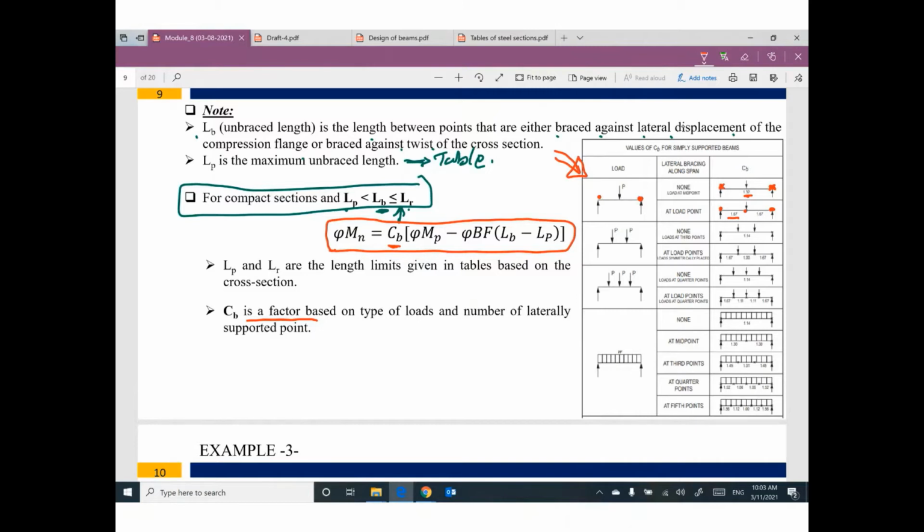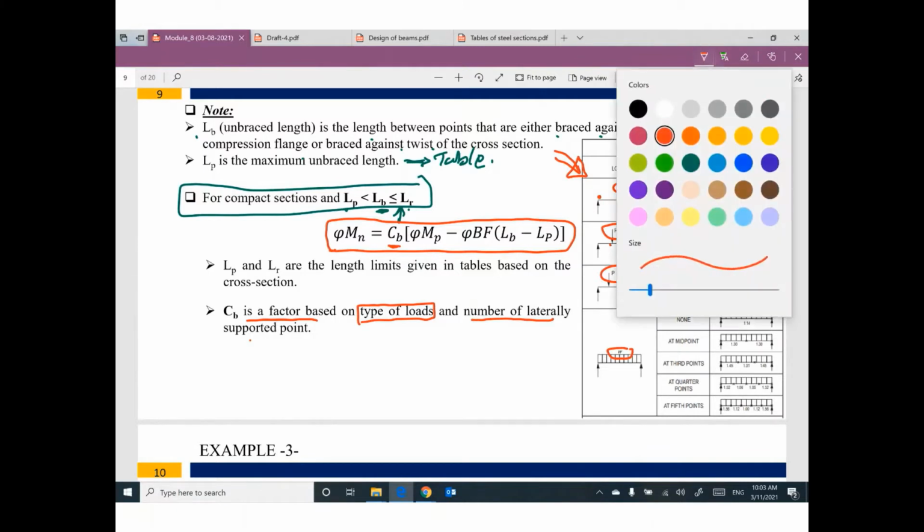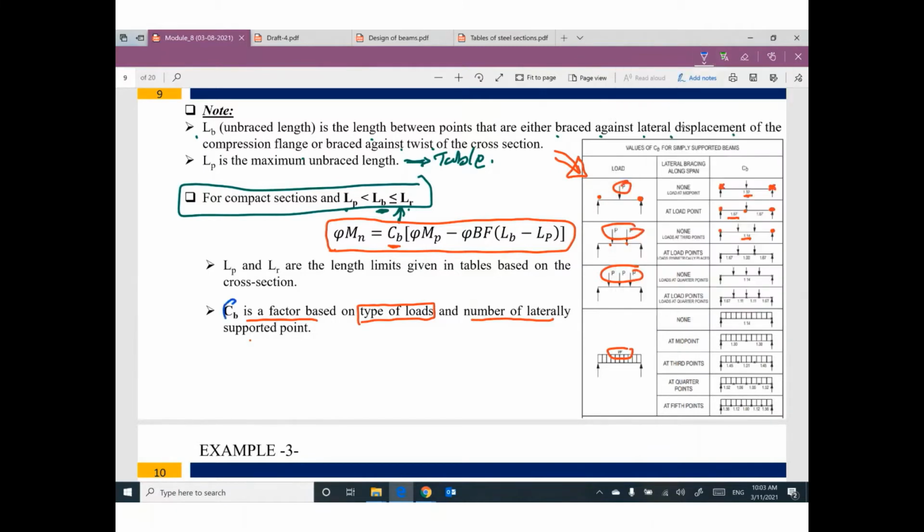If you have two concentrated loads and your beam is supported at the two ends only, 1.14. So based on the type of loads, one concentrated, two concentrated, three concentrated, distributed load, and the number of laterally supported points, how many bracings you have through the beam, I can determine the value of Cb.